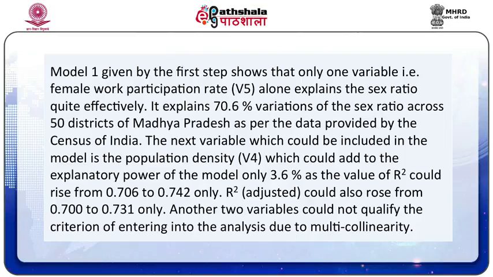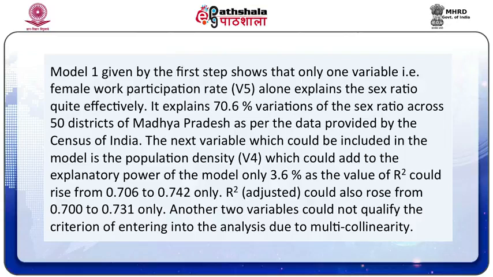variable 4, which could add to the explanatory power of the model only 3.6%, as the value of R square could rise from 0.706 to 0.742 only. Adjusted R square could also rise from 0.700 to 0.731 only.